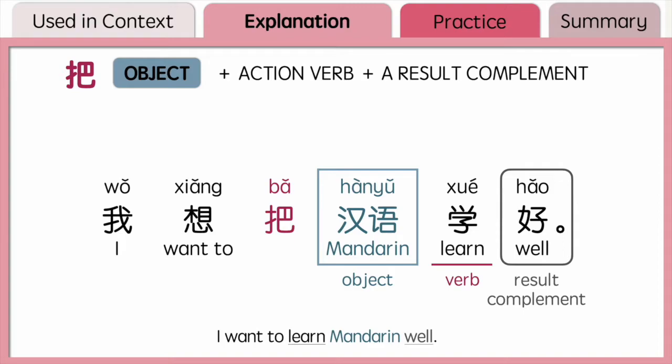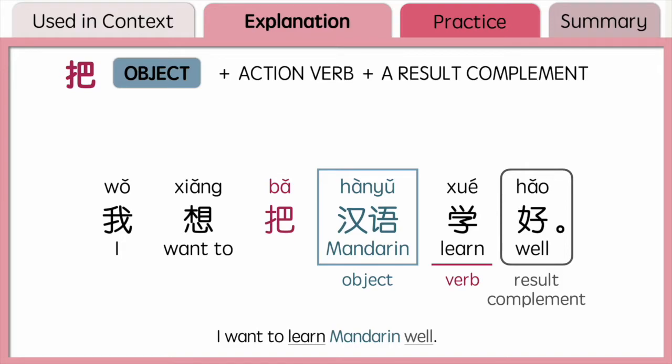Also note that since the verb 想, which means would like to or want to, does not have direct influence on the object, it cannot follow 把 and become a 把 construction. But you can still put it before 把 to express what you want to say, as it is in this sentence. Additionally, by moving the object forward, it also has the effect of highlighting the object 汉语. 我想把汉语学好。I want to learn Mandarin well.